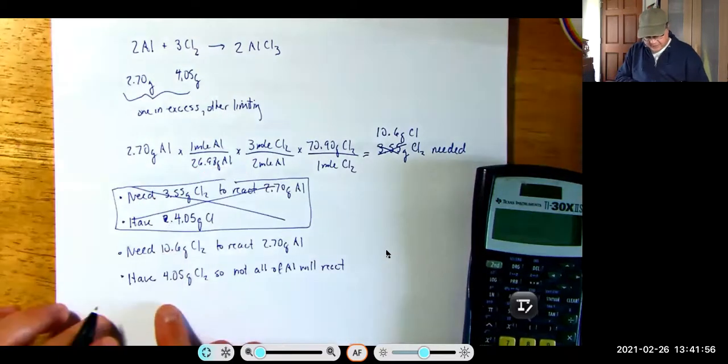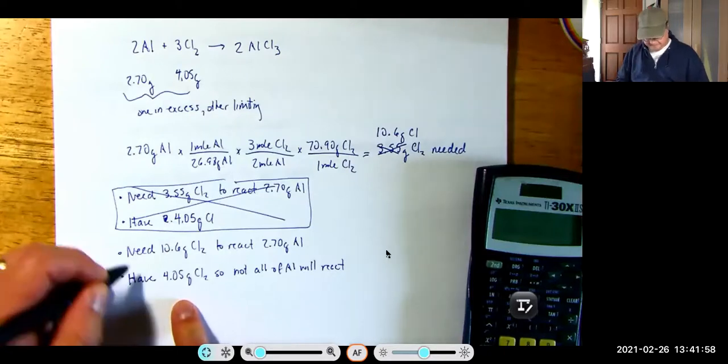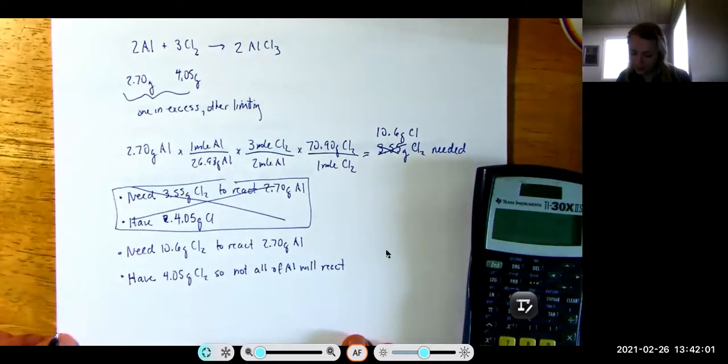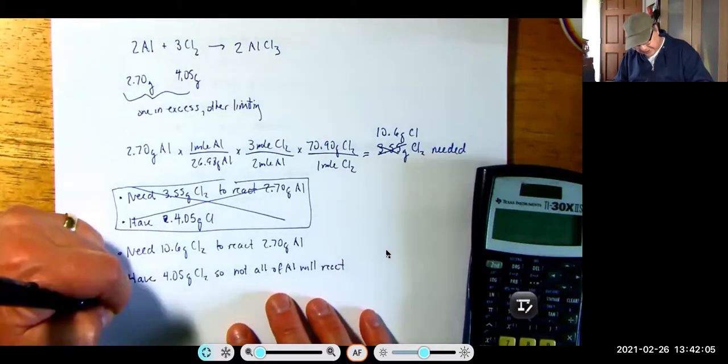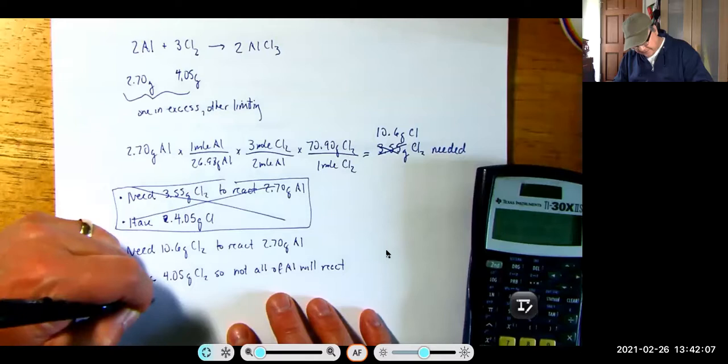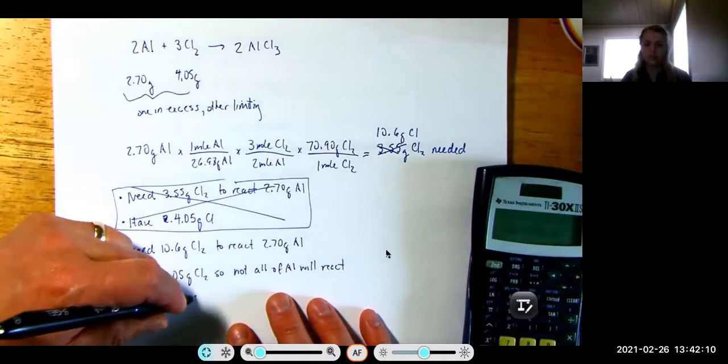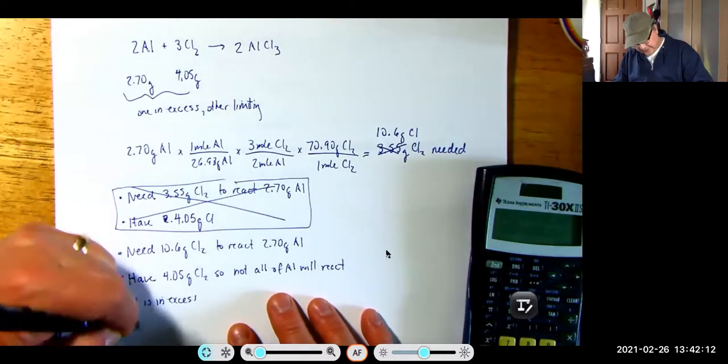Does this statement follow from the first one? Yeah. So if not all of the aluminum will react, what does that mean? The aluminum is in excess, right? But the chlorine is limiting.